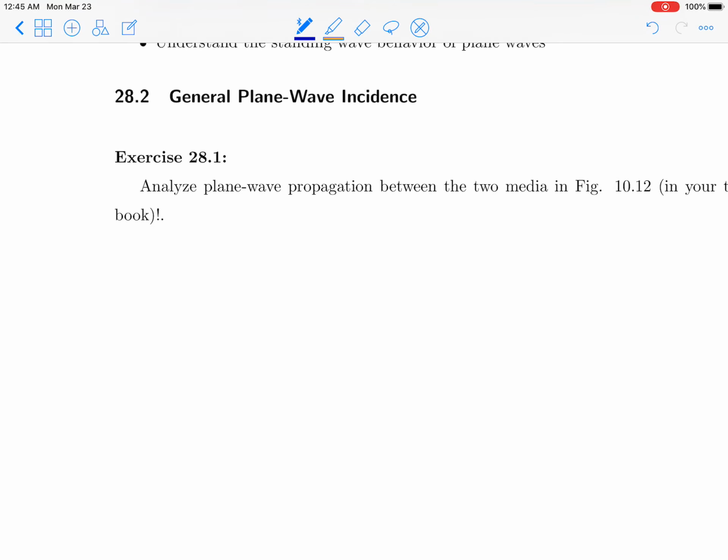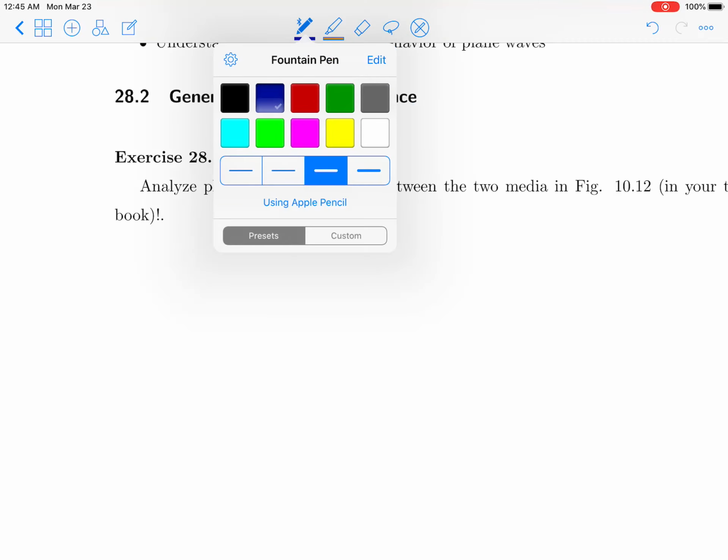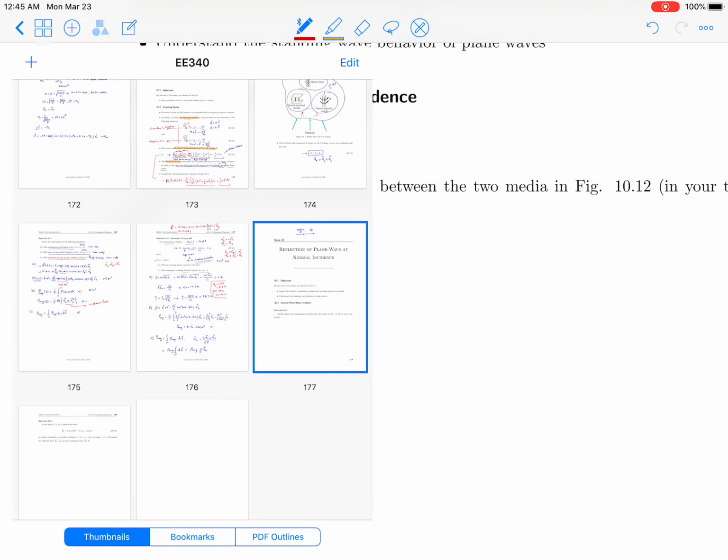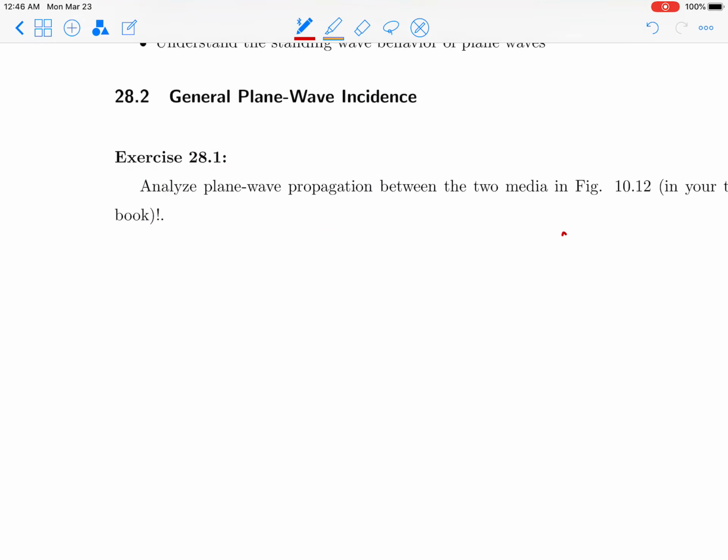Let's get started. Instead of solving this equation, let's derive it. Let's assume we have this situation. This is the z-axis, this one is the x-axis, and the y-axis is pointing out of the page.